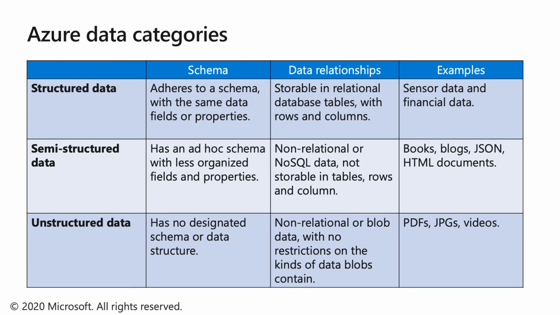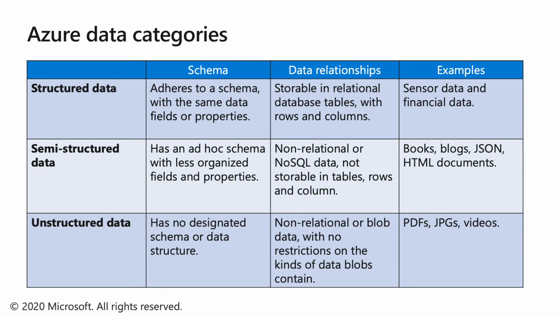Then we've got semi-structured data. This might have a bit of an ad hoc or as-required schema with less organized fields and properties. So the data relationships here would be non-relational or NoSQL, which I introduced last week. So not storable in tables, rows, and columns.